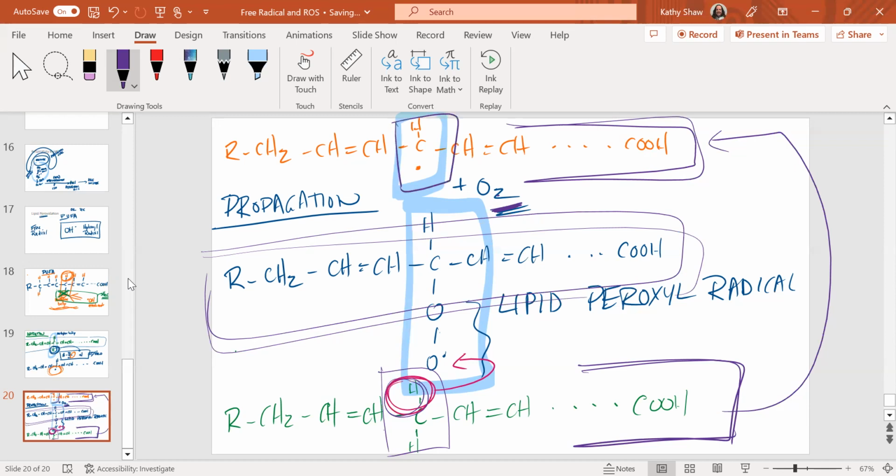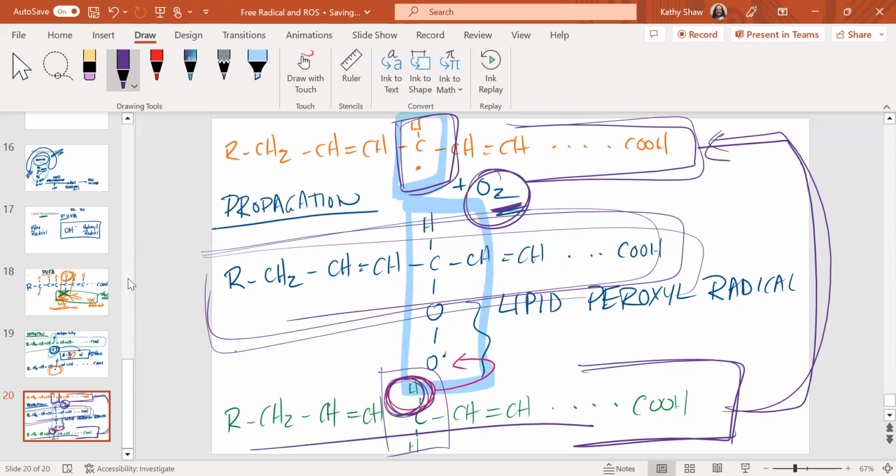This lipid, polyunsaturated fatty acid, got its hydrogen stolen. So it's going to get an oxygen, form this molecule, go steal somebody else's hydrogen. This lipid got its hydrogen stolen. Come up here, get an oxygen, become this, steal somebody else's. Back up, get an oxygen, steal somebody else's.